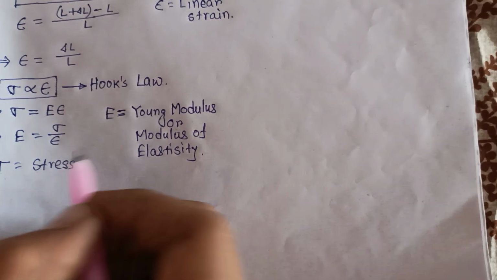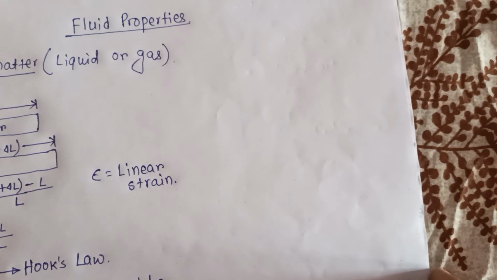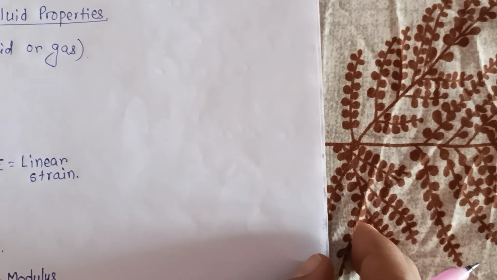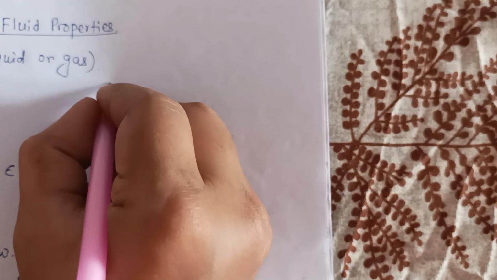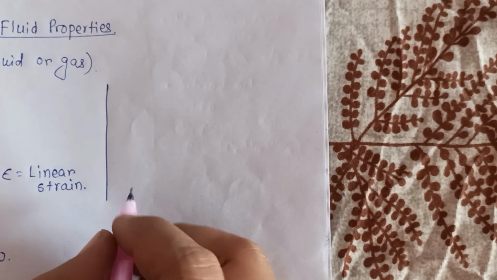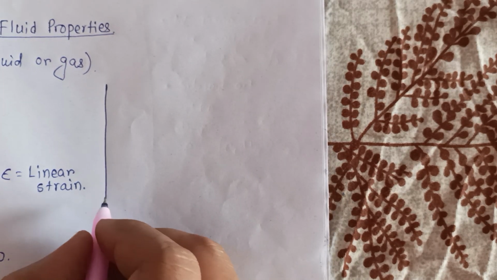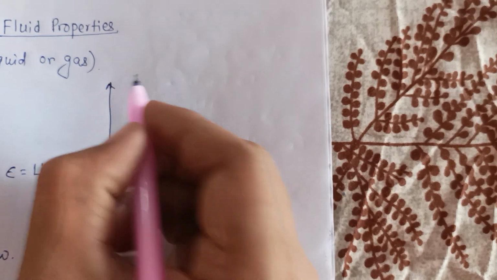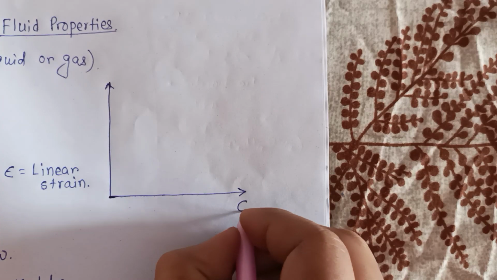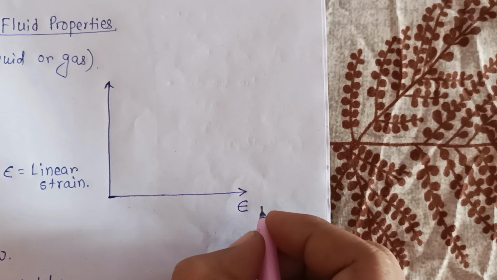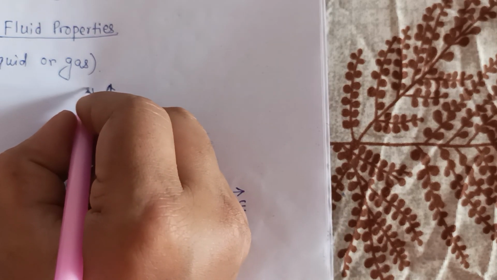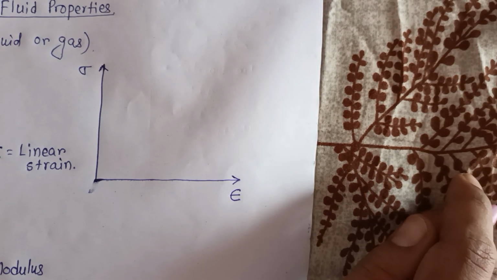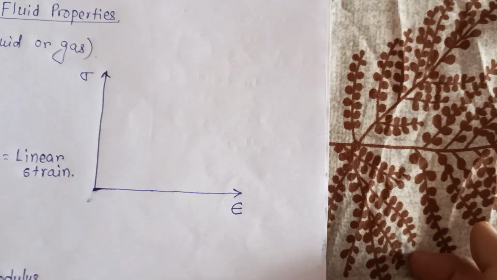Now if we draw the stress strain curve, what is the stress strain curve? This is the horizontal axis and this is the vertical axis. On the horizontal axis there is epsilon, the linear strain, and on the y axis there is sigma.